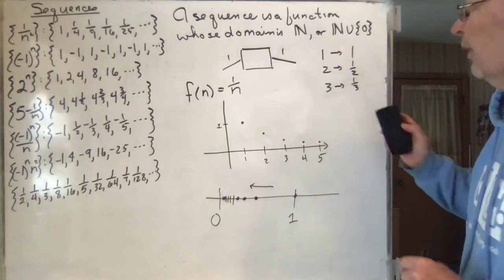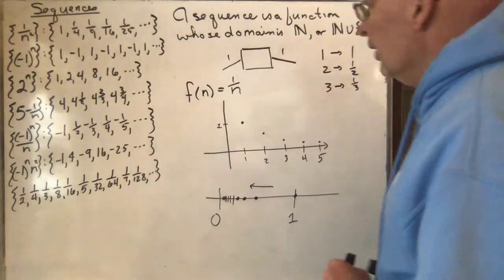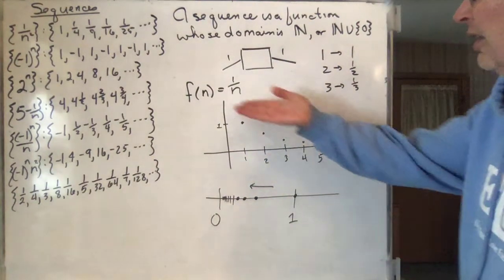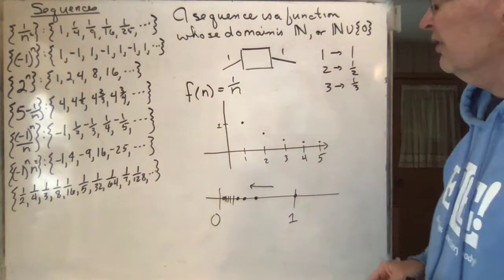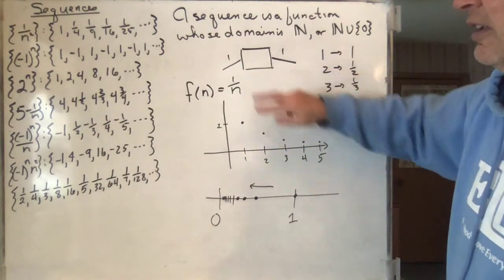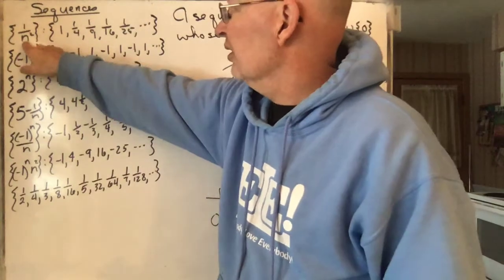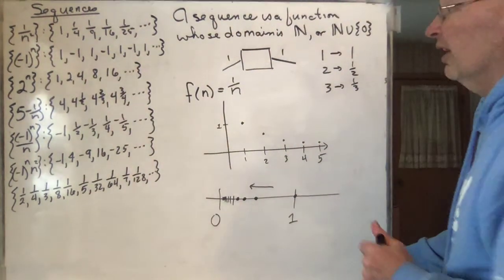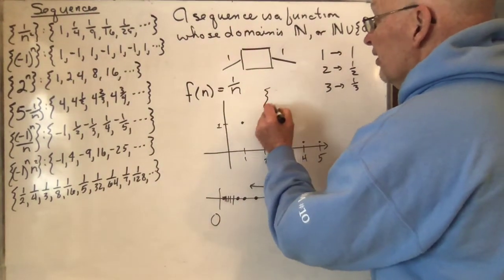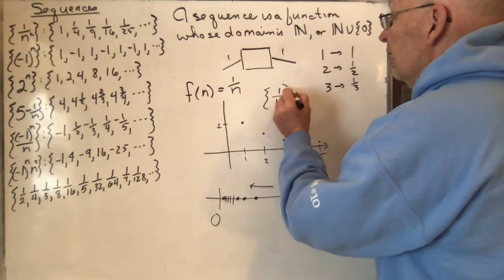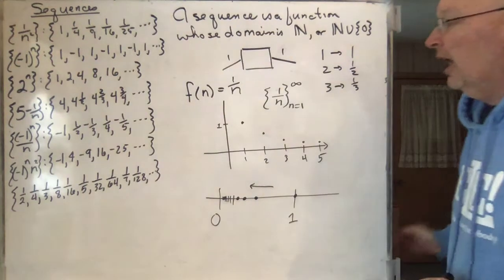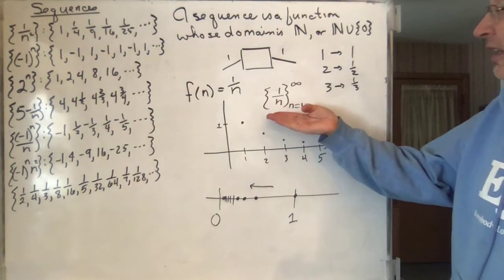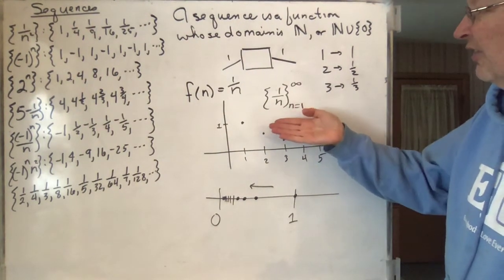Okay, so anyway, that's all it is. Since it's a sequence, it's understood what the domain is, so instead of writing it like this, we often write the function like this instead. Notice that by writing 1 over n, n going from 1 to infinity, I include all the information I need to understand the sequence.